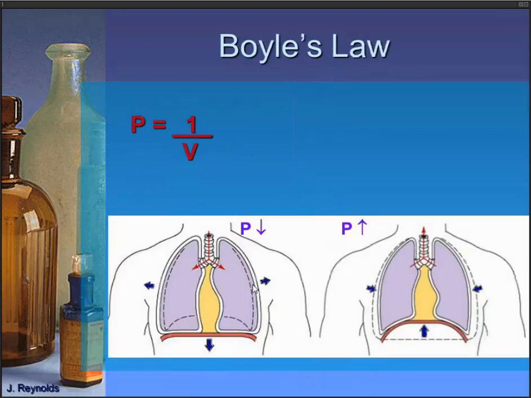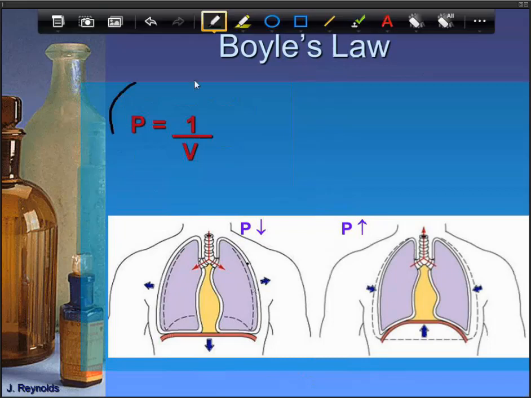All right, so we're going to move over to what makes you take air in and out. All right, you got a thoracic cavity. You can see the diaphragm well. Okay, Boyle's law. You have got to know this. Got to. Pressure in a container is equal to 1 over volume. Now, this is not a math formula where I'm going to give you values and you have to figure it out.